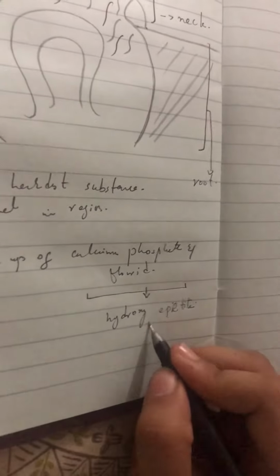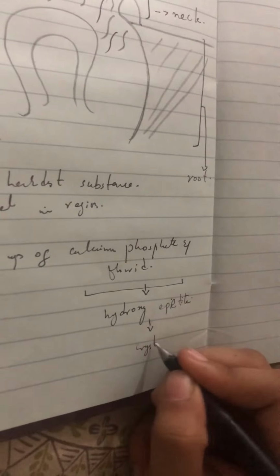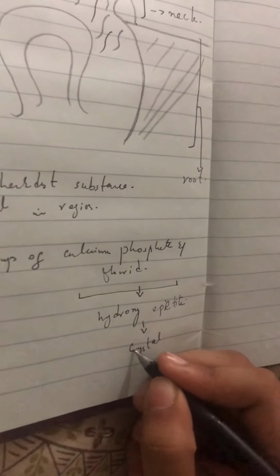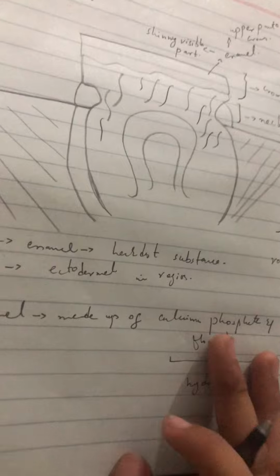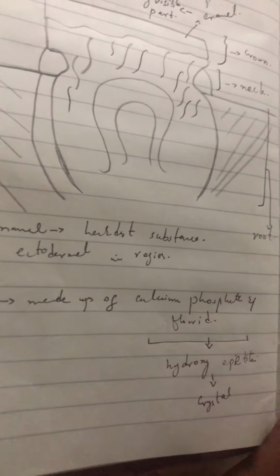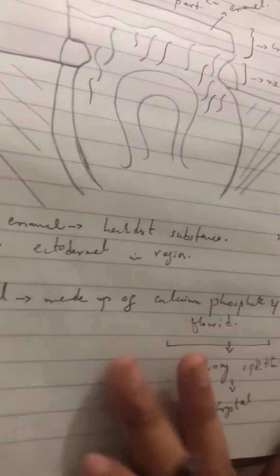Basically, it is crystal-like in structure. So the enamel is made up of calcium phosphate and fluoride, whose chemical name is hydroxyapatite.